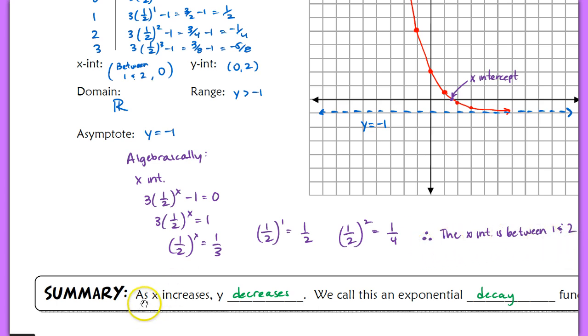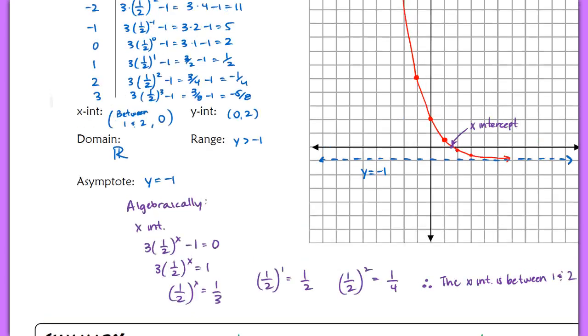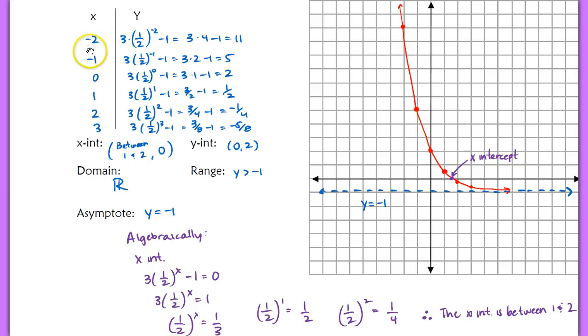Now, the summary of this, here we're seeing that as x increases, our y outputs decrease. So back to our table, if we look at our table here, as our x values increase, our y values get smaller, right? They get smaller and smaller until they finally get very close to -1. They don't touch -1, they don't actually equal -1, but it gets closer to that.